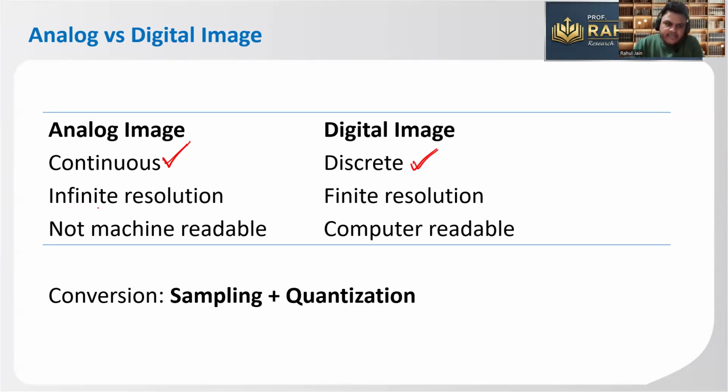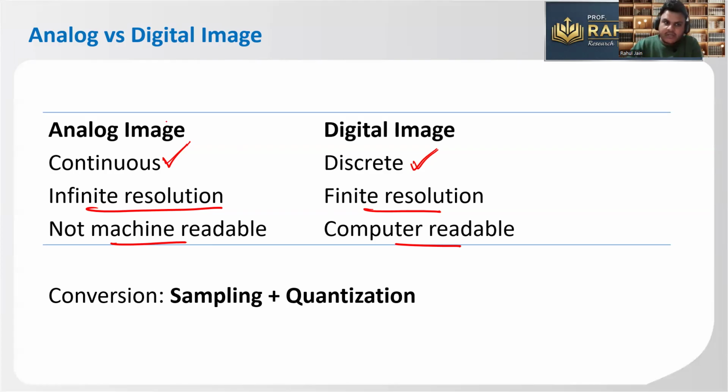Analog images have infinite resolution, whereas digital images have finite resolution. Analog images are not machine readable because machines can only read numerical and discrete values. That is why analog images are not readable by the machine, but digital images are computer readable.